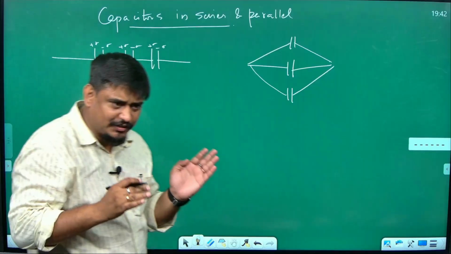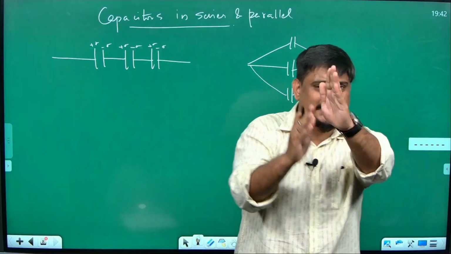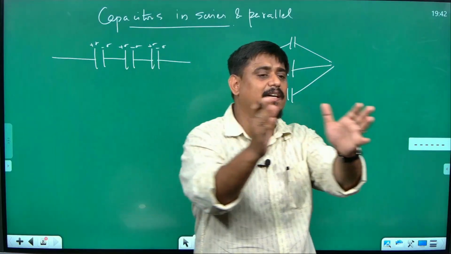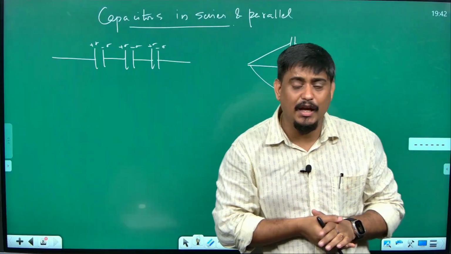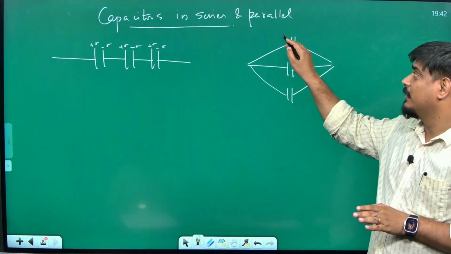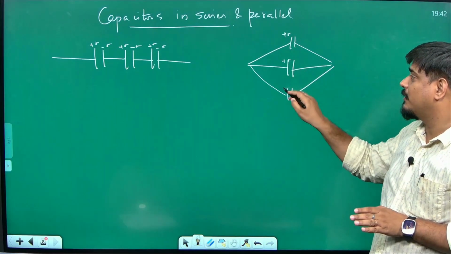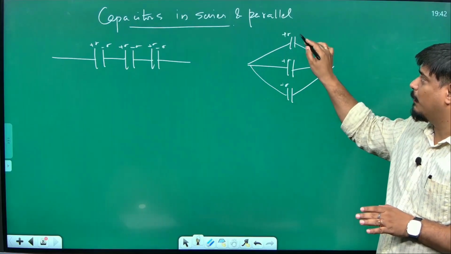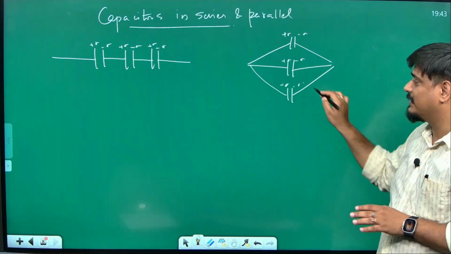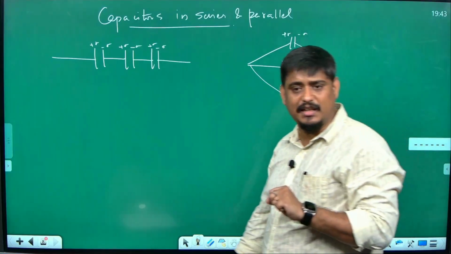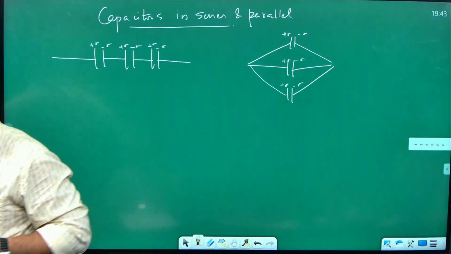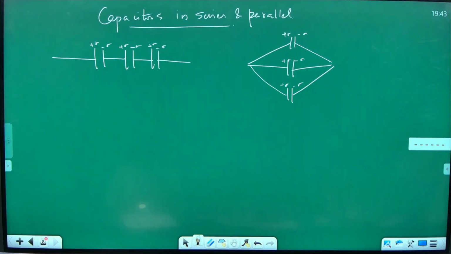Are you getting the connection? Plus minus, plus minus, plus minus. That is the connection in series. If you connect in parallel, plus sigma, plus sigma, plus sigma together, minus sigma, minus sigma, minus sigma together. This connection is called a parallel connection. So what is series connection? What is parallel connection? I hope everybody understands this.